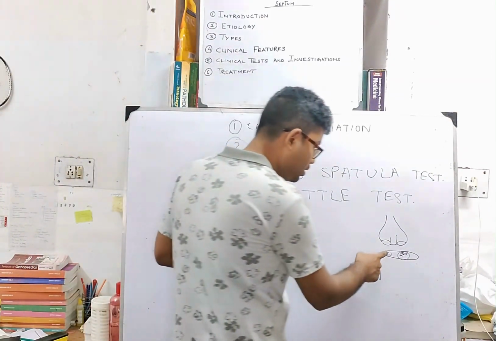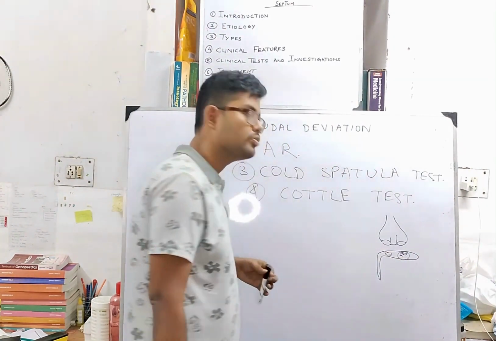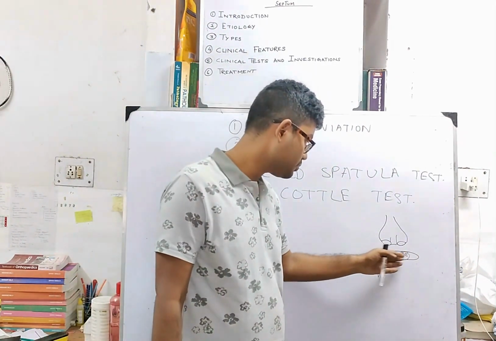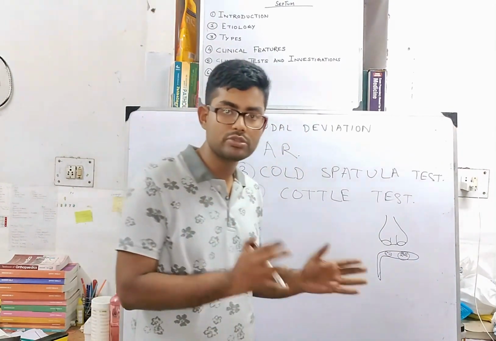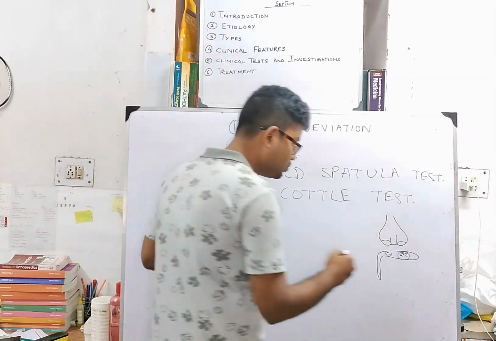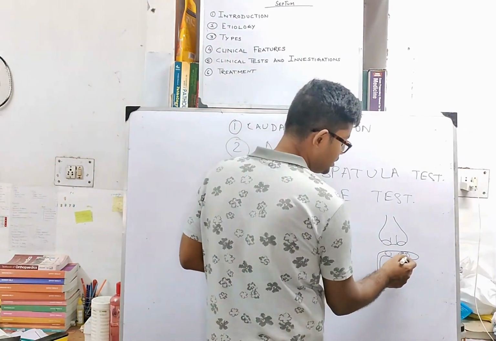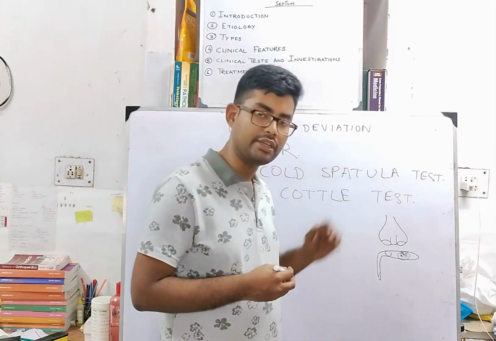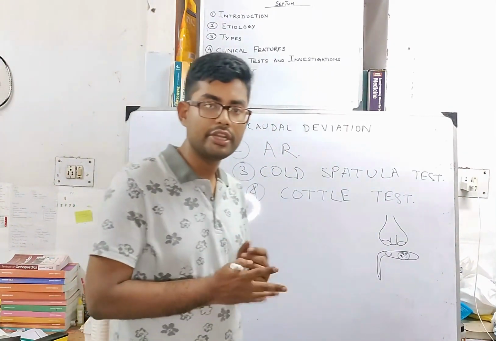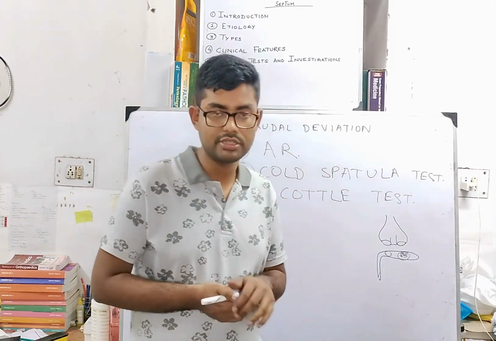So only small differences in the misting of the tongue depressor are not considered to be reduced airflow. Whenever there is a huge difference, like there is almost no misting on one side and huge misting on the other side, it may indicate reduced airflow on this side. That is more indicative that there is a chance of deviated nasal septum.